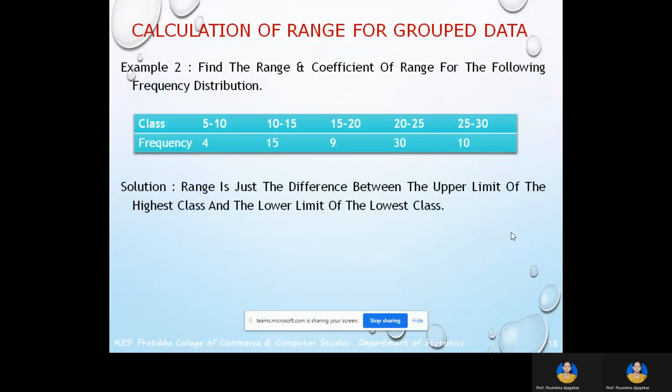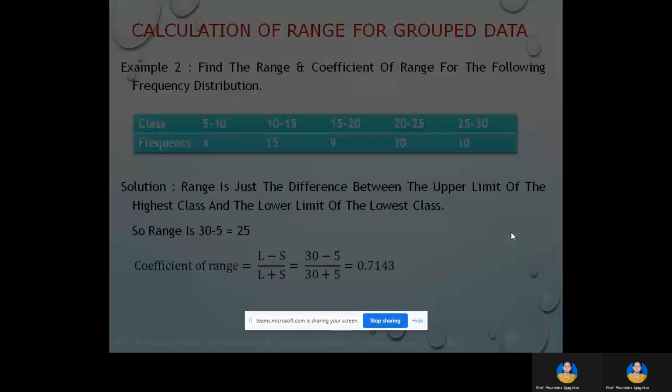So here the highest class is 25 to 30, so upper limit is 30, and the lowest class is 5 to 10 and its lower limit is 5. So range is 30 minus 5, that is equal to 25. And the coefficient of range is L minus S divided by L plus S, which is equal to 0.7143.